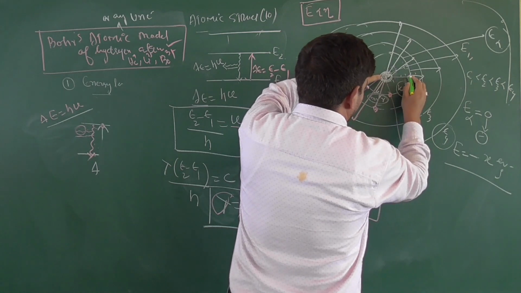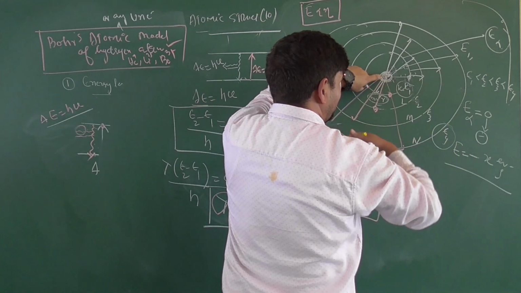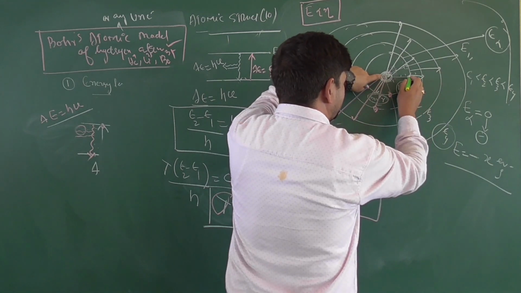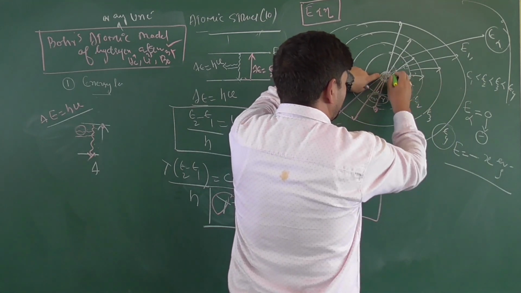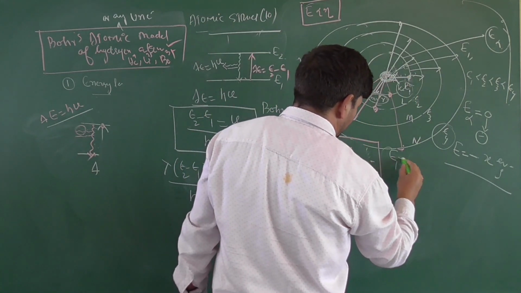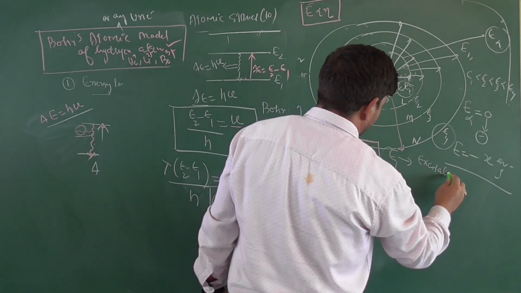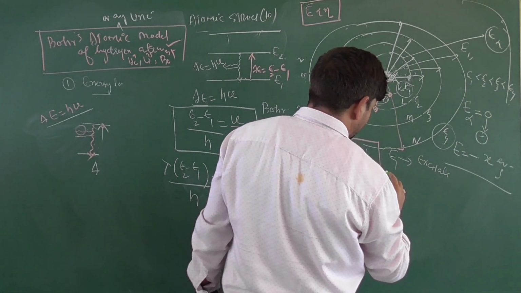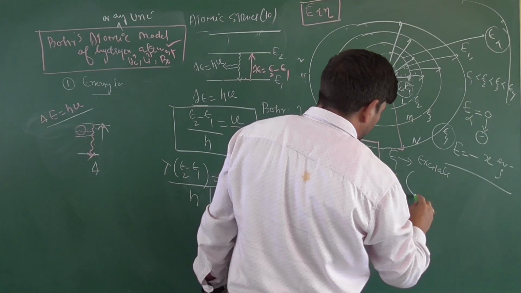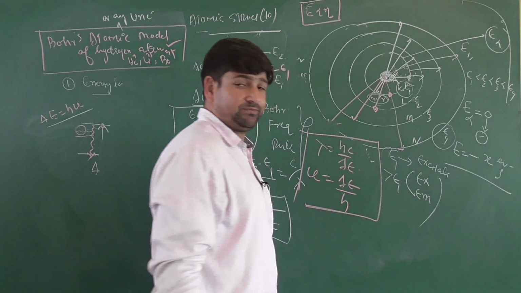So from E1, if emission occurs, will it go to the excited level or will it fall down? Once emission occurs, it will come down, and what is there? Nucleus. It is not possible. So remember, children, in energy level 1 the only thing possible is excitation. And in any energy level more than E1, both excitation and emission will occur.